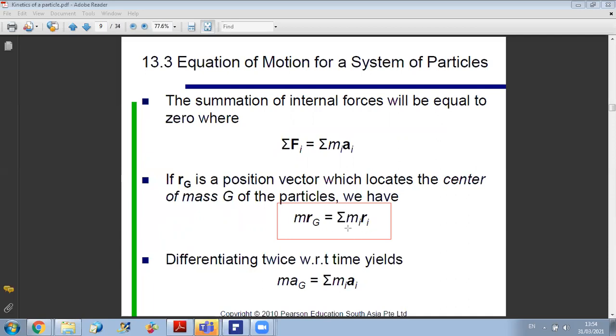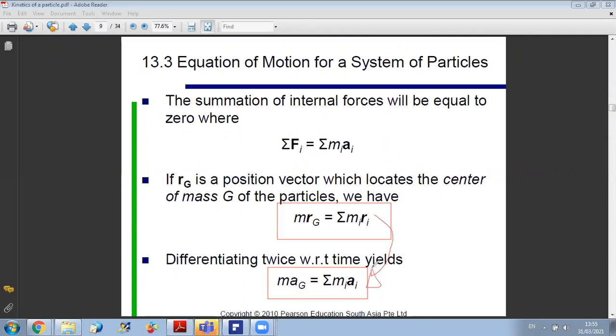If I derive this relation with respect to time, the first derivative gives the mass of the system times the velocity of G, the center of mass, equal to the summation of m_i v_i. If I derive again, the second derivative gives the relation I want: the total mass times the acceleration of the center of mass is equal to the sum of m_i a_i. All I did is derive this relation twice.